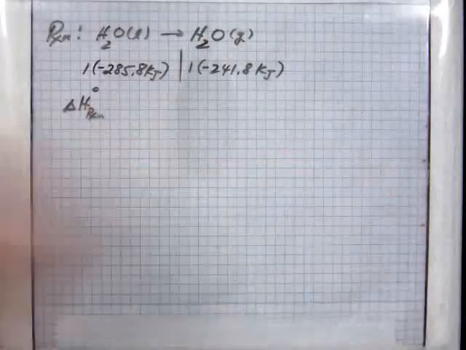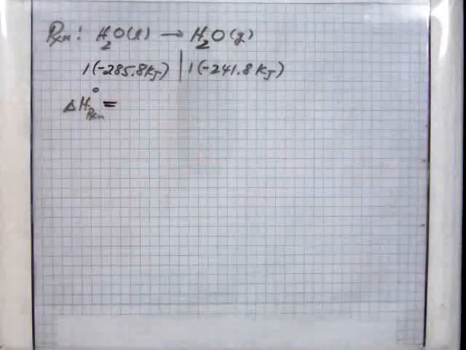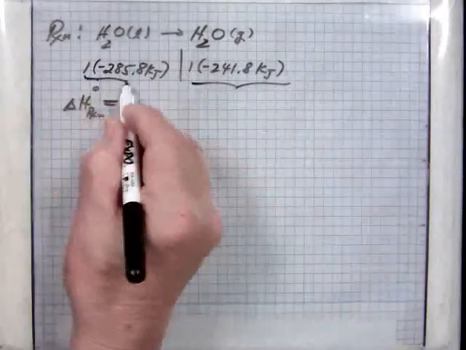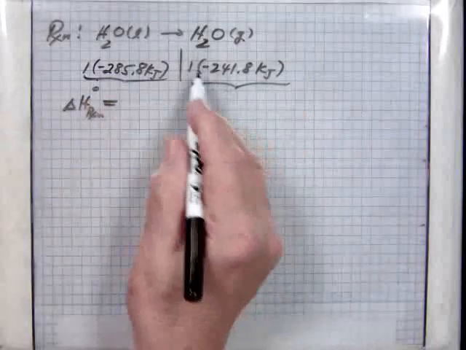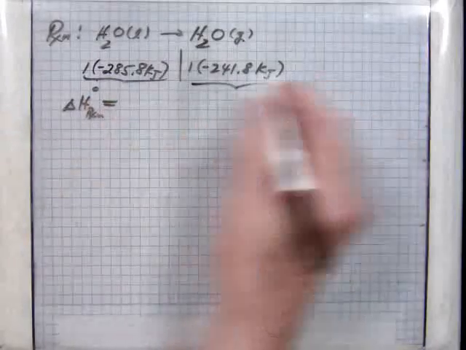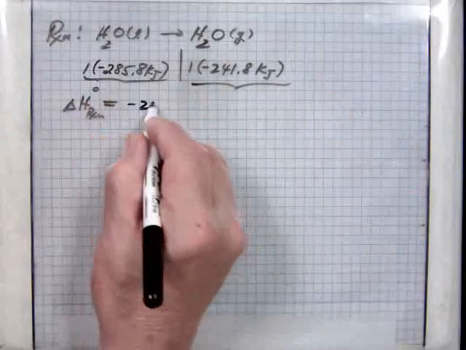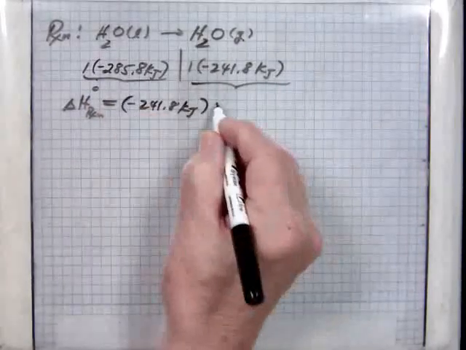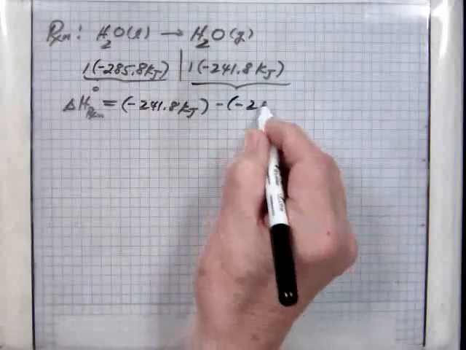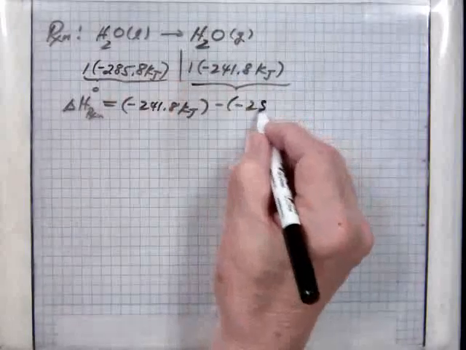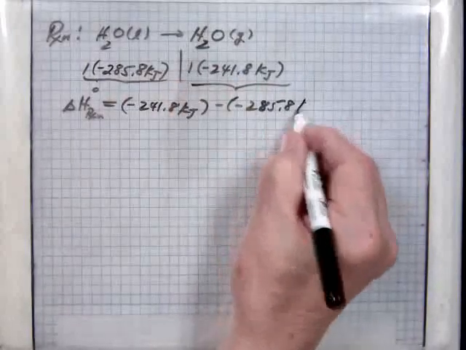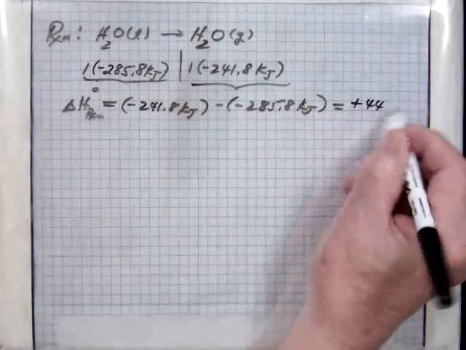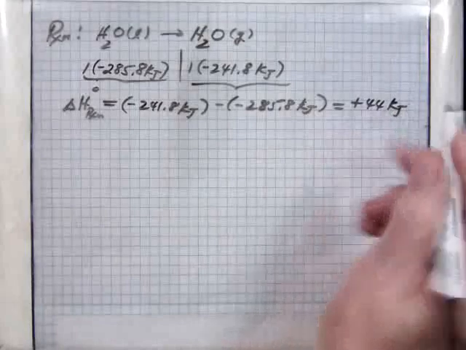So this is what you're looking for, and so delta H of that reaction, or simply the boiling of water, requires per mole the products minus the reactants. Well, 1 times that will give you, of course, a minus 241.8 kilojoules minus a minus 1 times that number, 285.8 kilojoules, and overall it comes out a plus 44 kilojoules net reaction.